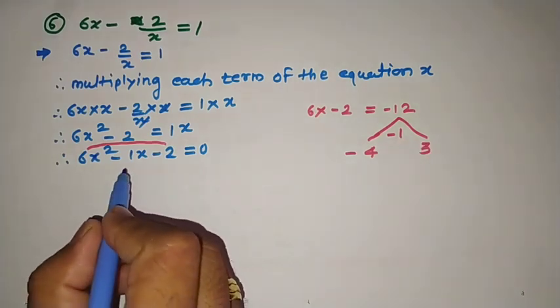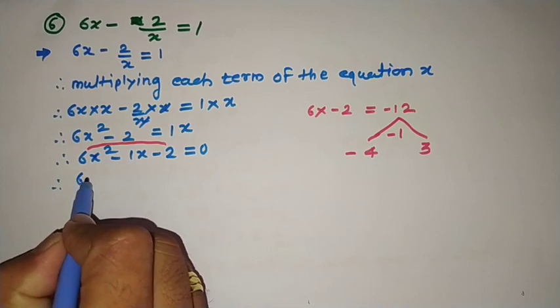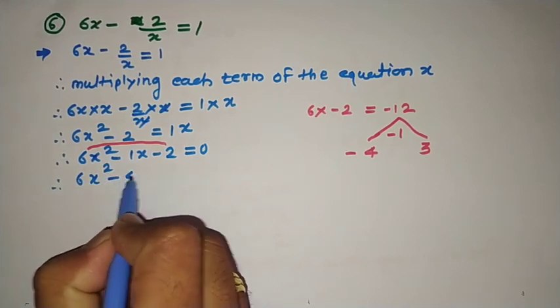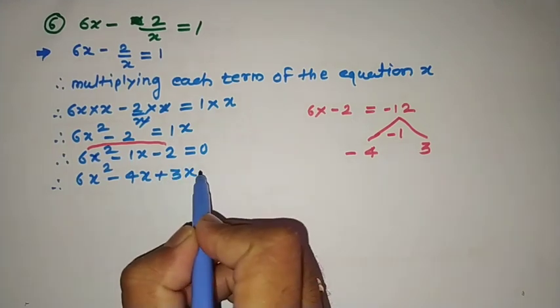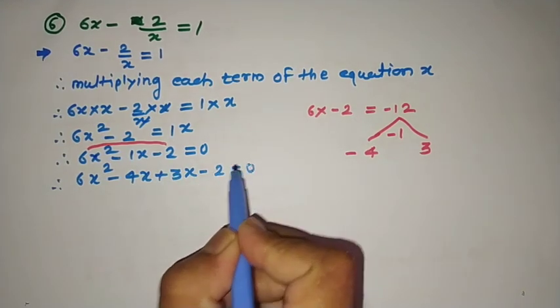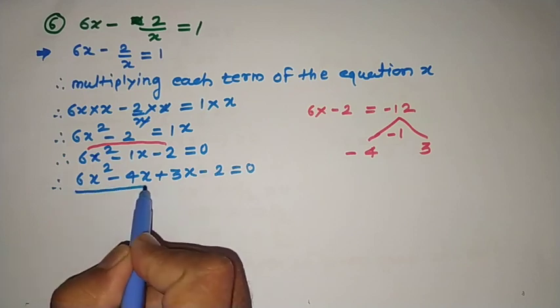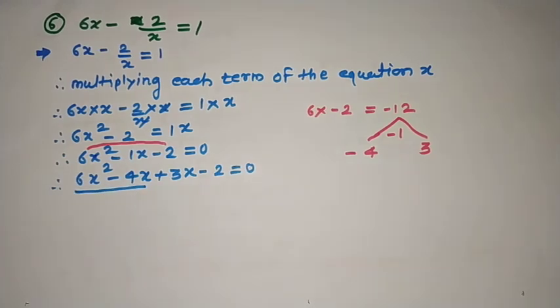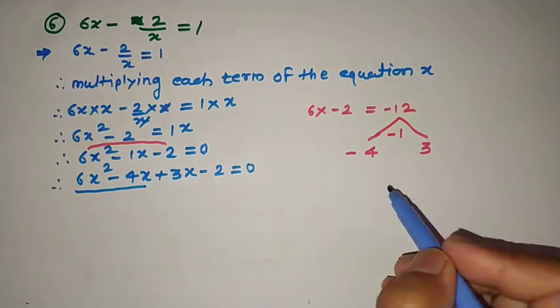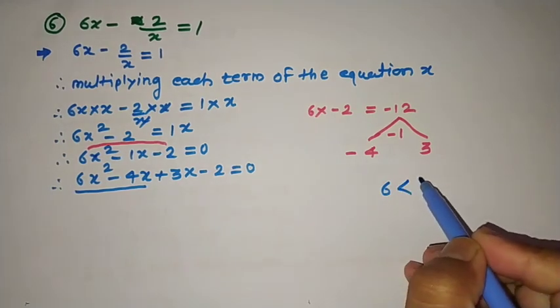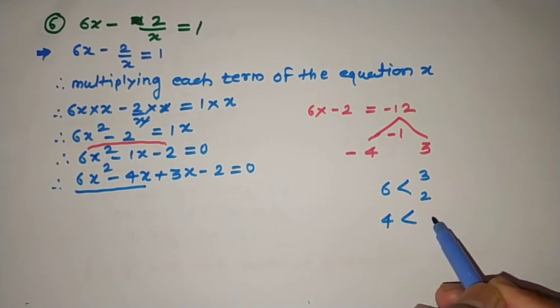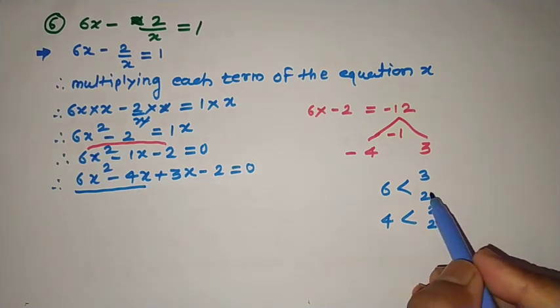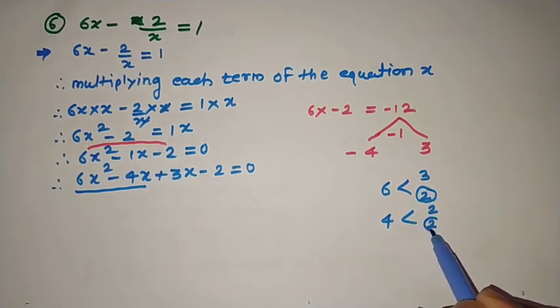Write down minus x in this form: 6x square minus 4x plus 3x minus 2 is equal to 0. Take the common factor of the two terms. 6 and 4 have the common factor 2, since 3 twos are 6 and 2 twos are 4.